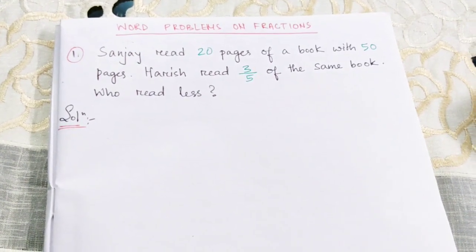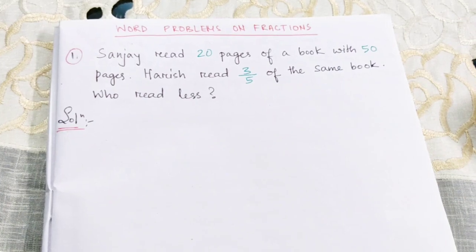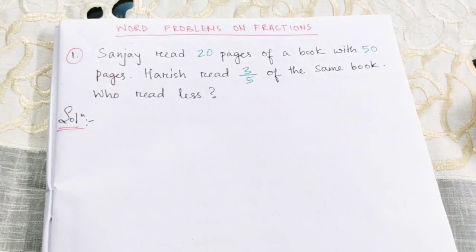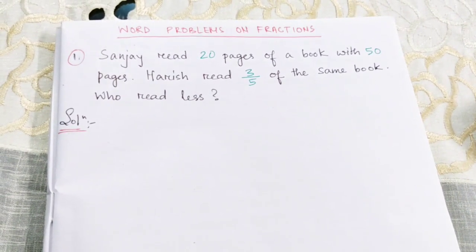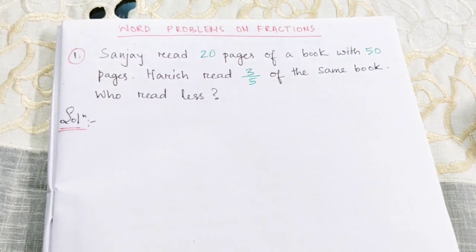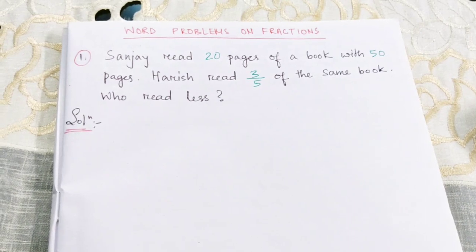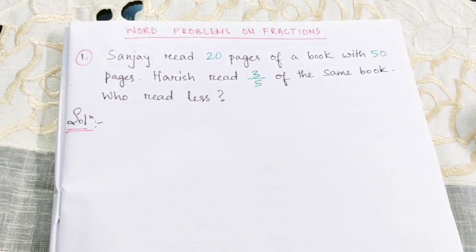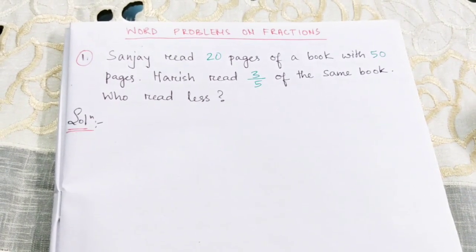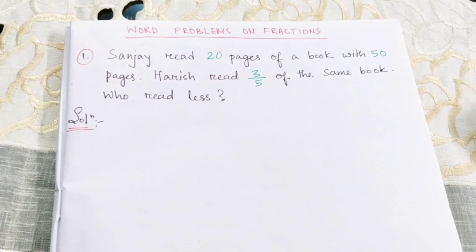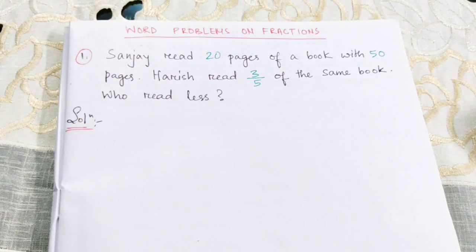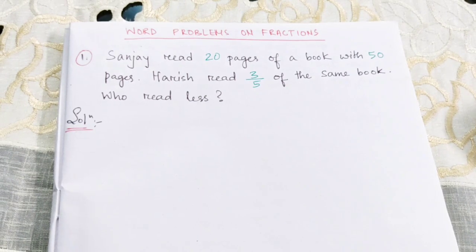So who read less? That means we will have to compare Sanjay and Harish. As you can see, Sanjay reads 20 pages, so Sanjay's part is not given in fractions, but Harish's part is given in fraction. So first of all we will write Sanjay's part as a fraction. How will you write it?